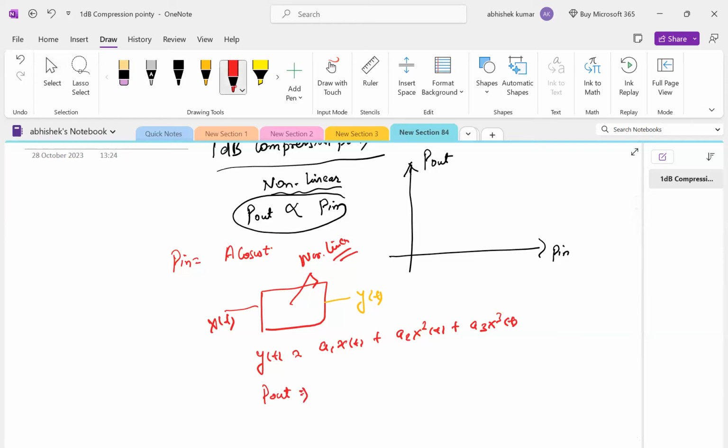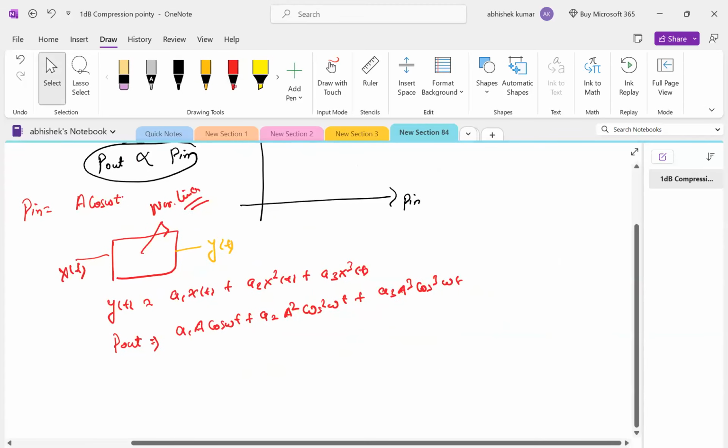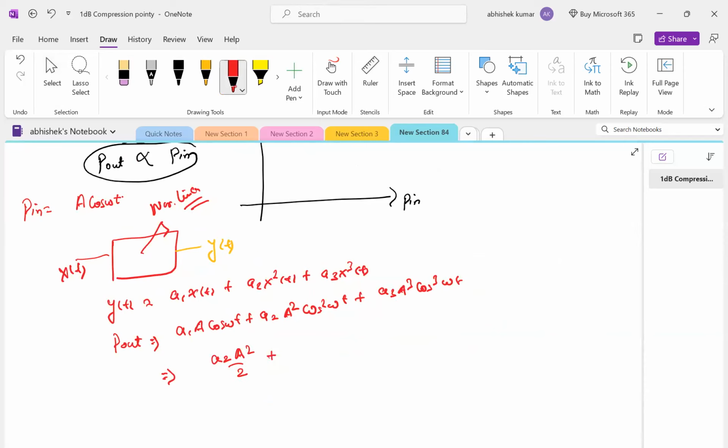Here it is a1 A cos omega t, a2 A square cos square omega t, and a3 A cube cos cube omega t. If you do the calculation, you will get different components. One is a2 A square by 2, which is your DC component.